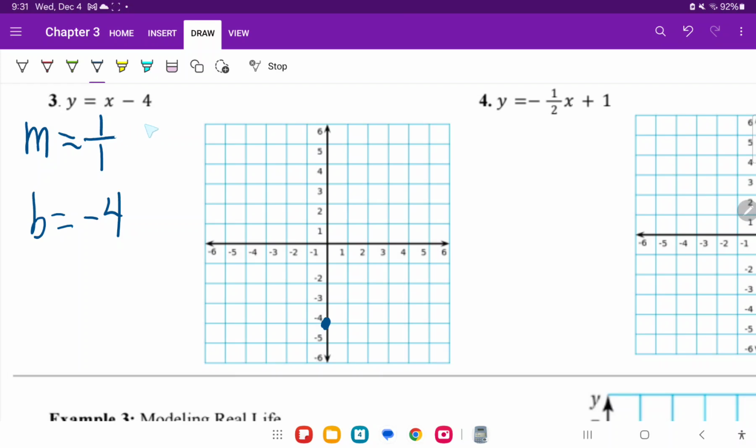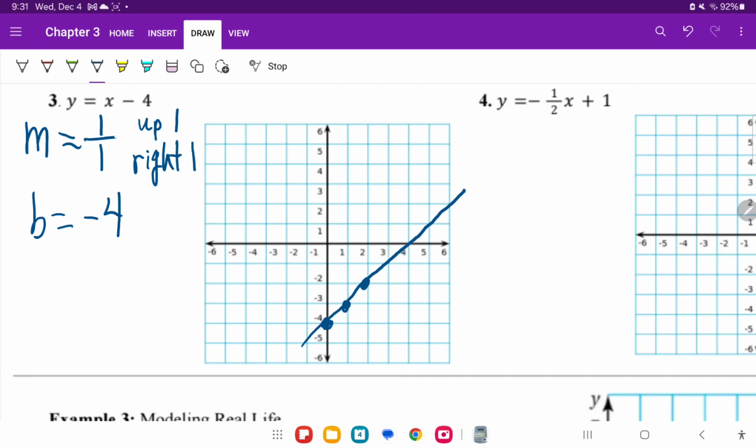Now the slope here, since it's a 1, that means we're going to go up 1, and then the 1 on the bottom means we go right 1. So you start at your intercept that you just did, up 1, right 1. Up 1, right 1. And then we'll draw that line.